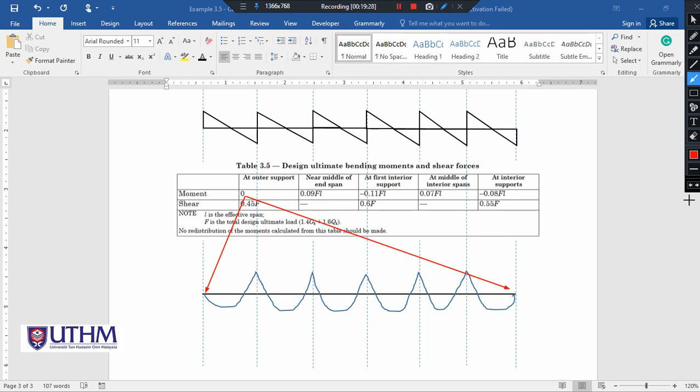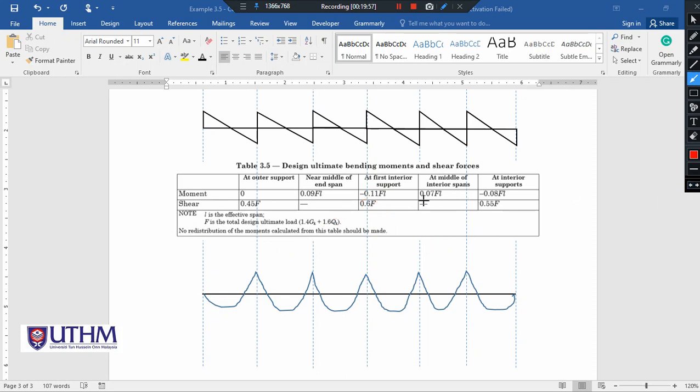Next is the moment at the near middle of the end span. This is the end span, and 0.09 FL is at the middle of the end span. Next is at the first interior support. Negative 0.11 FL is at this point.